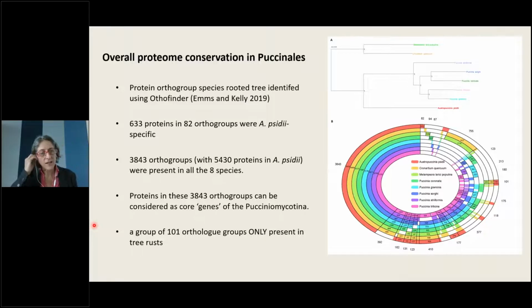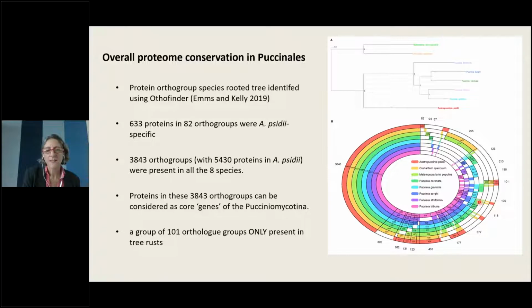Overall proteome conservation: we used OrthoFinder software to look at protein ortho groups, and there's a conservation of quite a large number of genes. We can see there are 633 proteins that are Myrtle Rust specific, and there's 3,843 ortho groups which are present in all the species that we looked at.